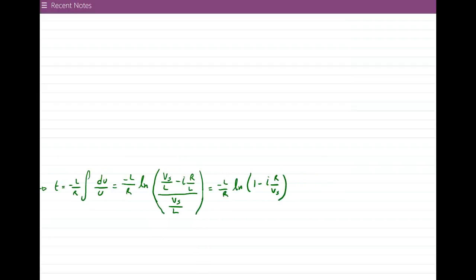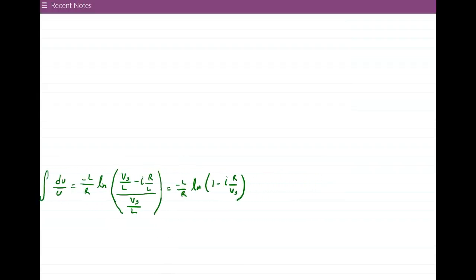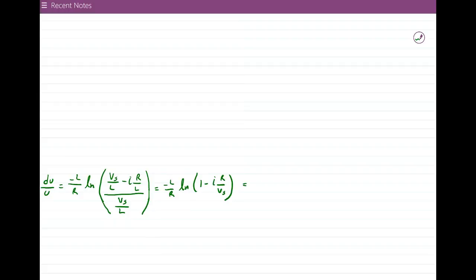Now I'm going to convert to exponent form. If I do that, I'll have e to the negative R over L t equal to 1 minus R over Vs I. Now bring this term over, multiply by Vs divided by R, and I'll have I isolated.